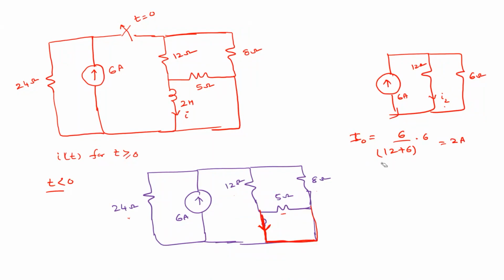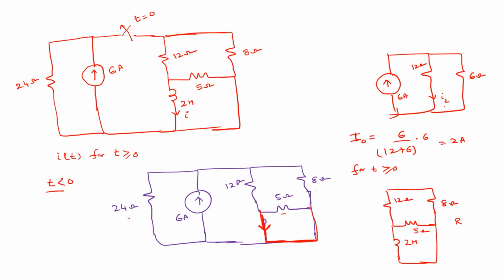Right? So next thing is for t greater than 0. So this entire thing is discarded, and you are left with a circuit something like this. You have 2 Henry here, 12 ohm, 8 ohm, and this is 5 ohm.